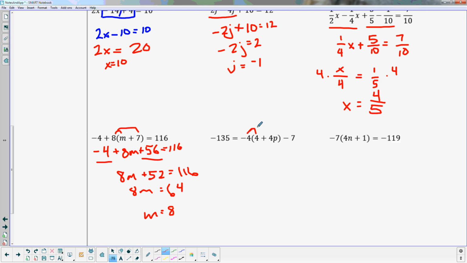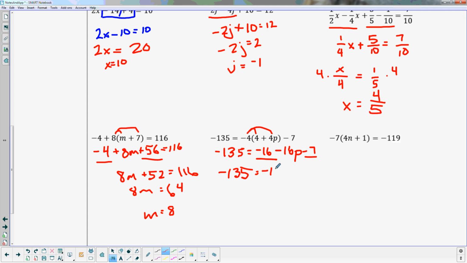Do the same thing on the next problem. I'll distribute first. -135 is going to be equal to -4 times 4 is -16. This one has a variable on it. -7. I have these like terms here, and that's going to give me negative 135 equals, let's put the like terms at the end.